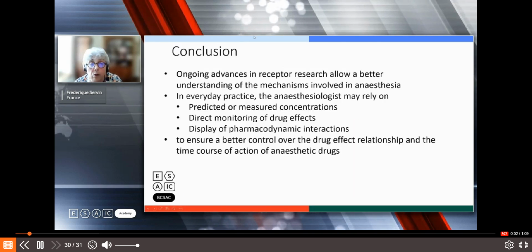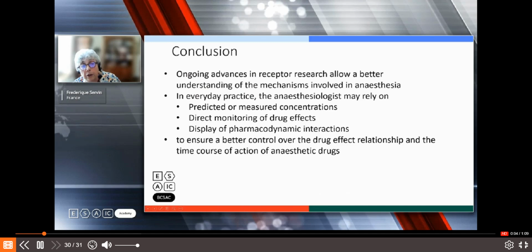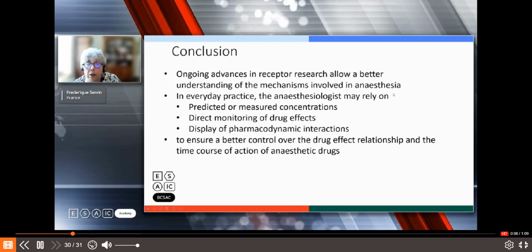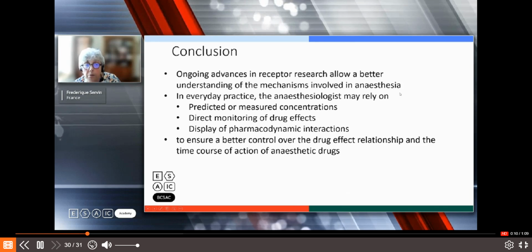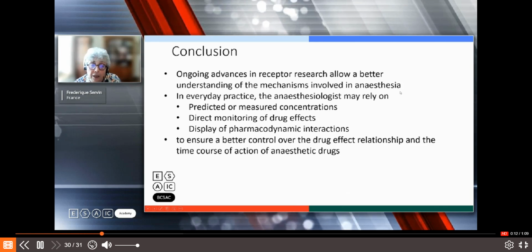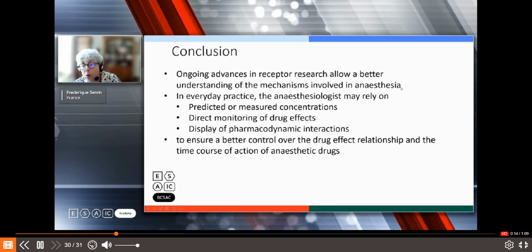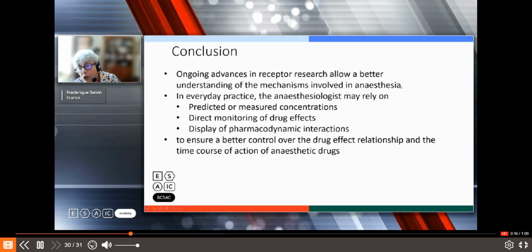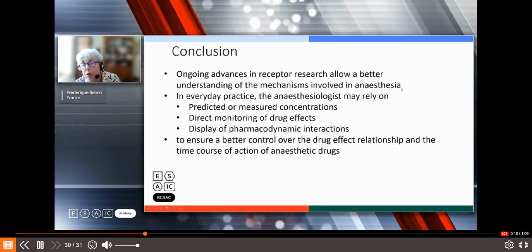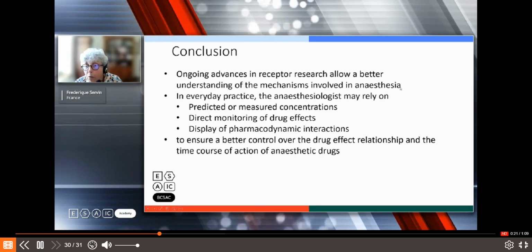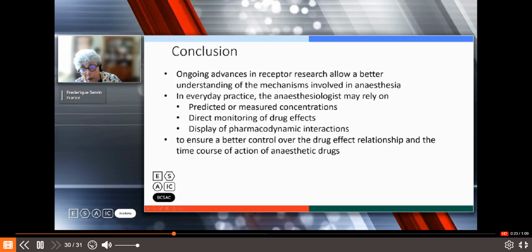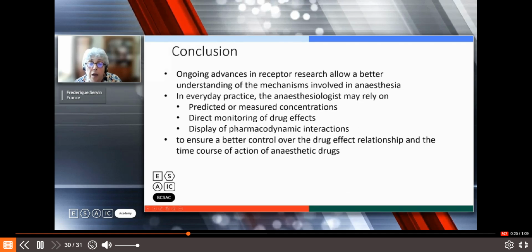So, as a conclusion, I will say that ongoing advances in receptor research allow a better understanding of the mechanism involved in anesthesia. It also allows the apparition of new drugs with less side effects.